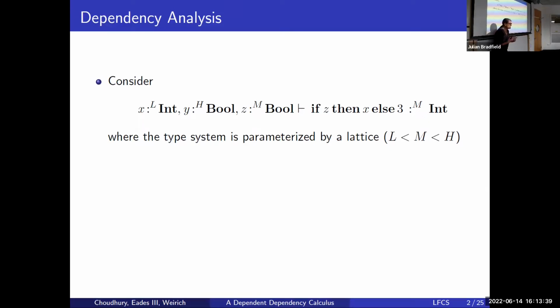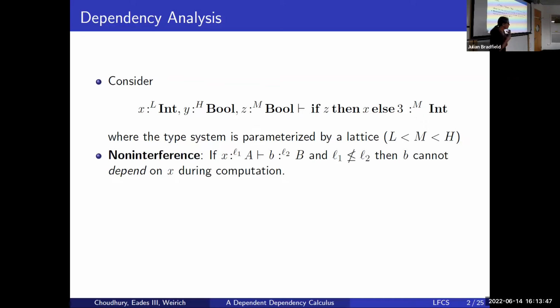Maybe this is not the form you've seen before, but this should be familiar, you might have seen similar systems. An important property that I want a system like this to give me is what I'm going to call non-interference from the security types world, but really it's sort of non-dependency.